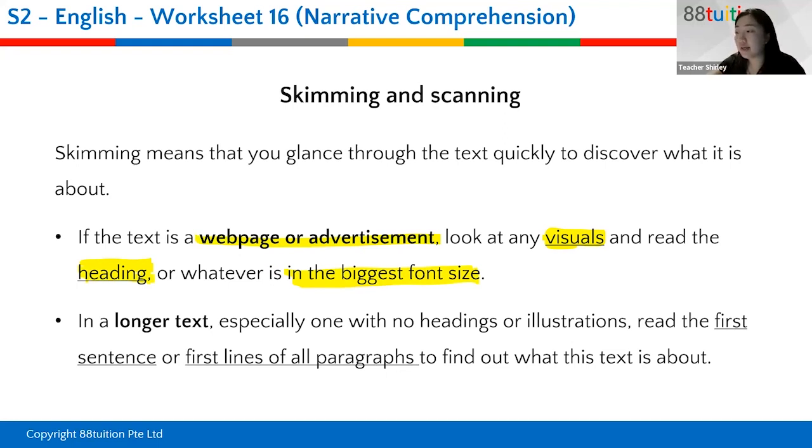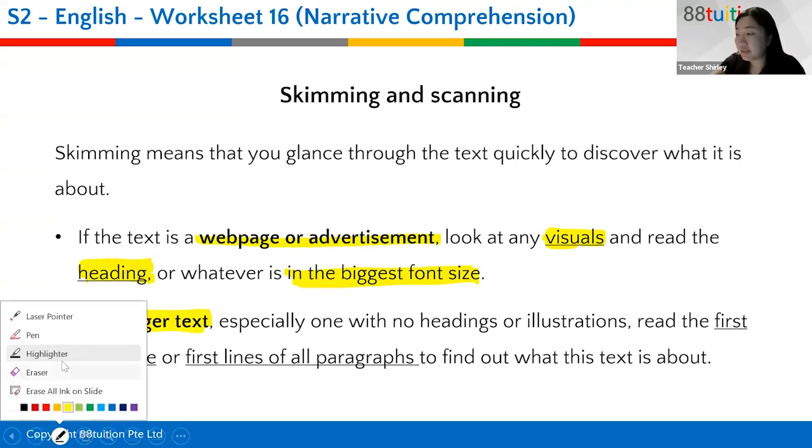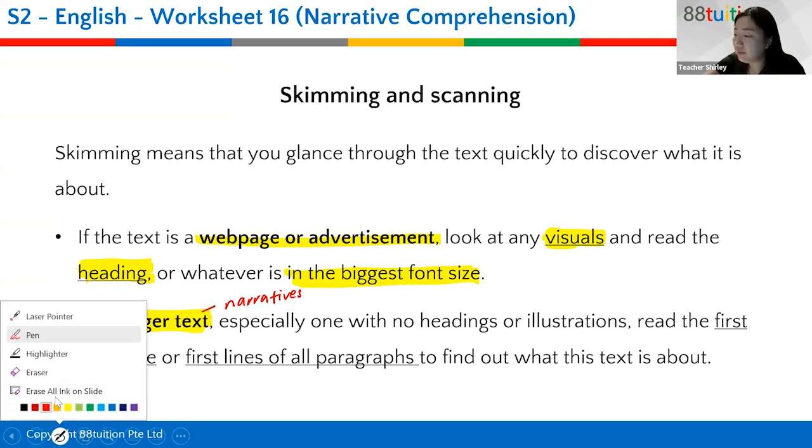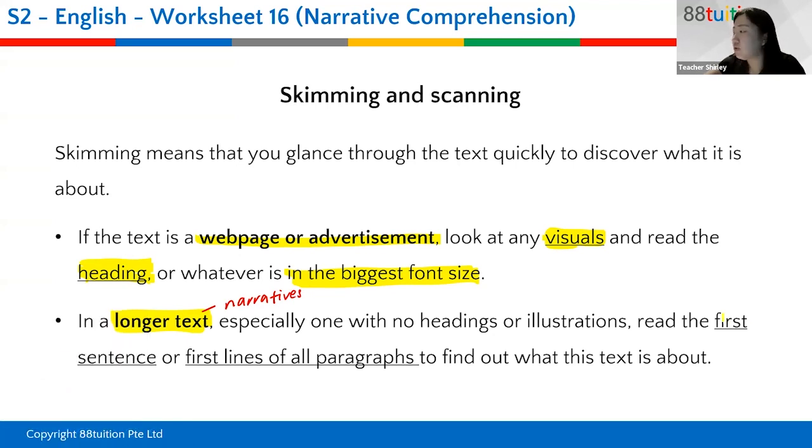Now, in a longer text, especially one with no headings or illustrations, read the first sentence. When we are talking about longer text, we're referring to our narratives, those without any pictures or illustrations. In narratives, usually we'll look at the first sentence or the first lines of all paragraphs.